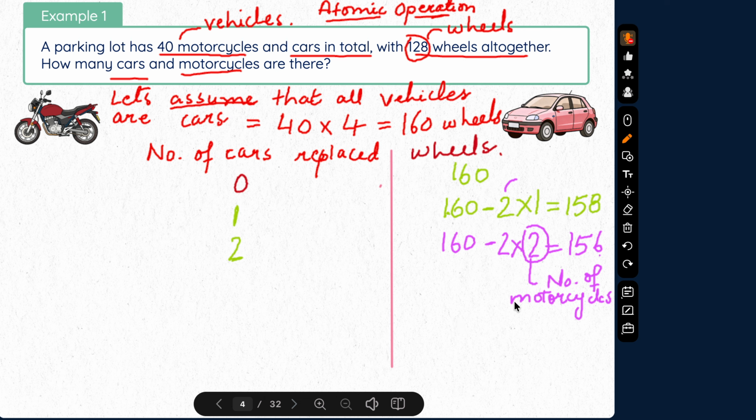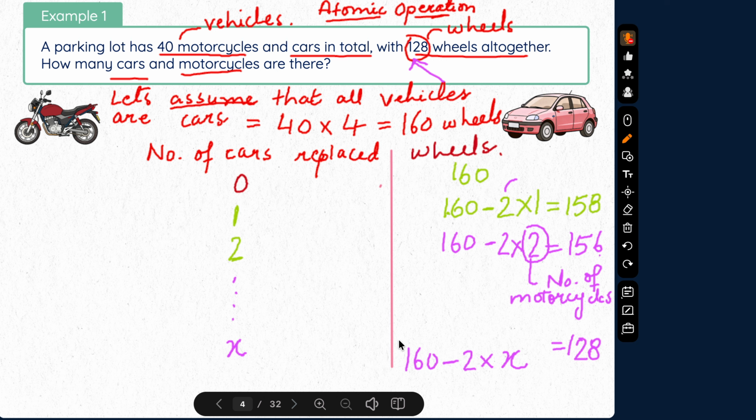Okay, I have to see how many motorcycles will be there such that the number of wheels is 128, which is given in the question, right? So the equation would be 160 minus 2 times x, because we do not know how many motorcycles there will be, equal to 128, which is the number of wheels that are required.